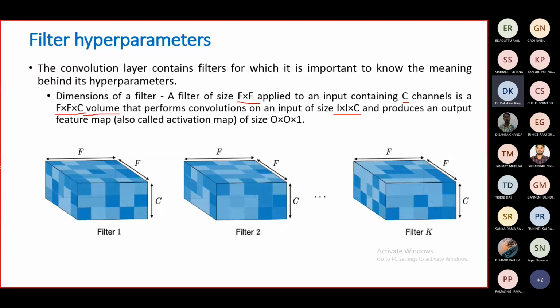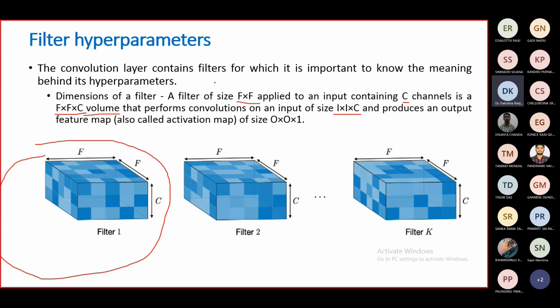Now, if we are using n number of grayscale images in a batch, then the dimension of the input volume becomes I into n. Since we are using n number of input images for training at a time, the input volume becomes I into n, and the filter volume becomes f into n.